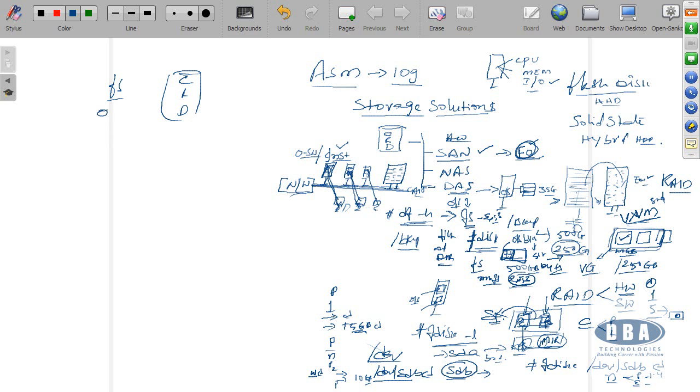The other technology you can use is OMF, Oracle Managed Files, and the purpose of OMF is only one thing, that is ease of use. Why? Because you are not giving even the file name, the size and the location, because you have already mentioned them in the parameters, file destination, log file destination and all that.